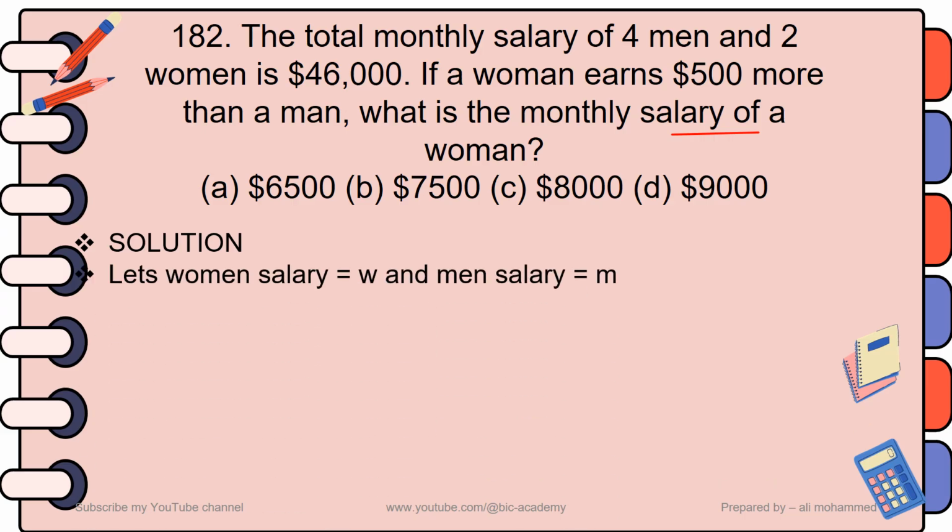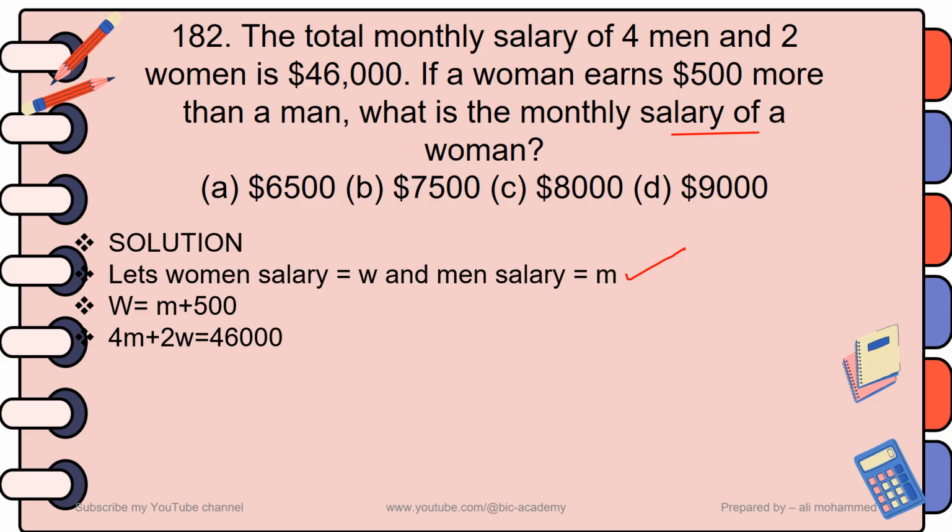So here is the way we formulate this question into mathematical equations. There is the woman's salary W and the male salary M, and the woman's salary is equal to M + $500.